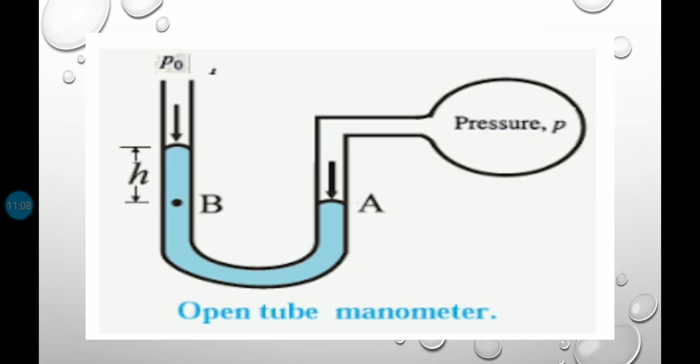One arm of the tube is open to the atmosphere, that means this P0 side is open in the atmosphere, and the second arm is connected to the container. In the diagram you have to show a balloon type container with pressure P, connected to the second end of this open tube manometer.